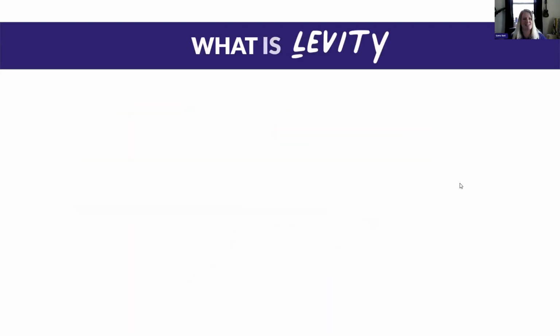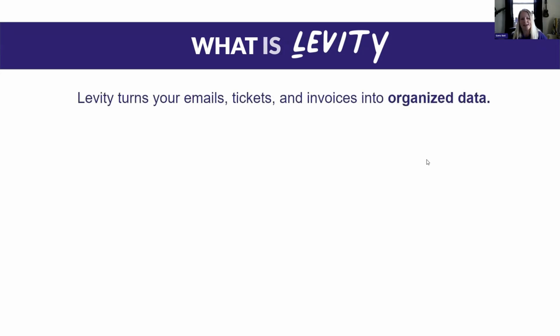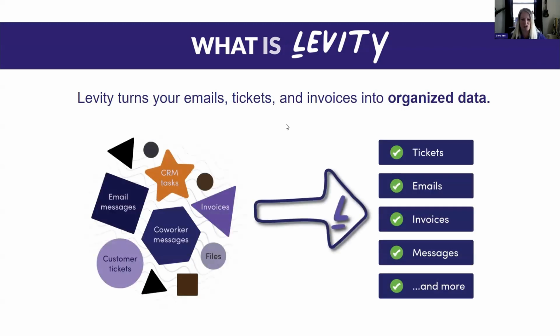Cool. So let's get stuck straight into what Levity is. I'm hoping if you found this webinar, you probably have some idea what AI or automation is, but really what is Levity? In a simple nutshell, Levity turns your emails, tickets, invoices, and other stuff into organized data. Here's your day.